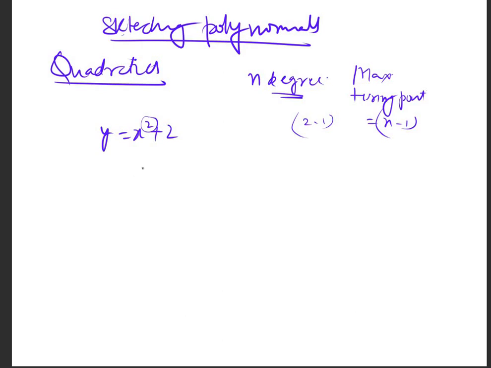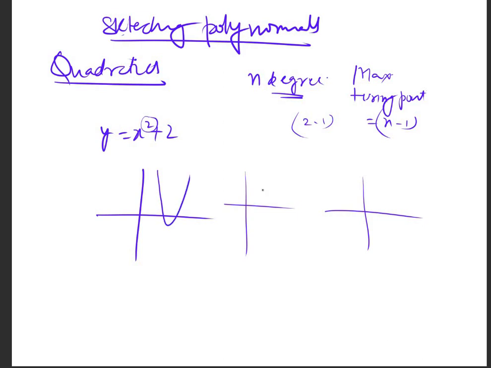Now, let's look at how many different kinds of quadratics we can have. Okay, now let's draw three kinds of quadratic. Three types of quadratic.